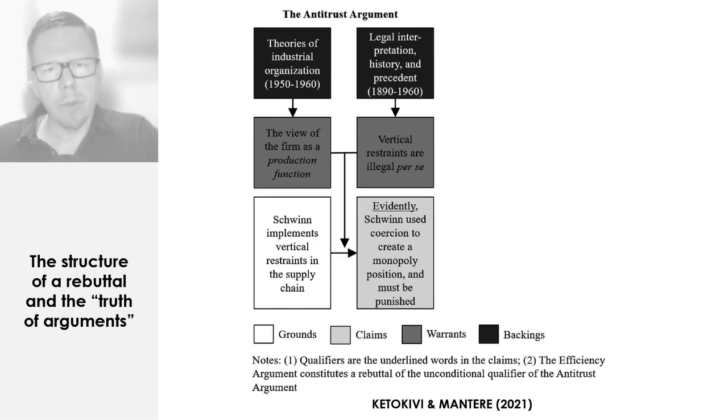This example, which I won't discuss in great detail, but let me just give you the general idea. This comes from the United States in the 1960s. There was a bicycle manufacturer called Schwinn that did something in its supply chain practices that garnered the attention of the judicial system. And this is a case that went all the way up to the Supreme Court.